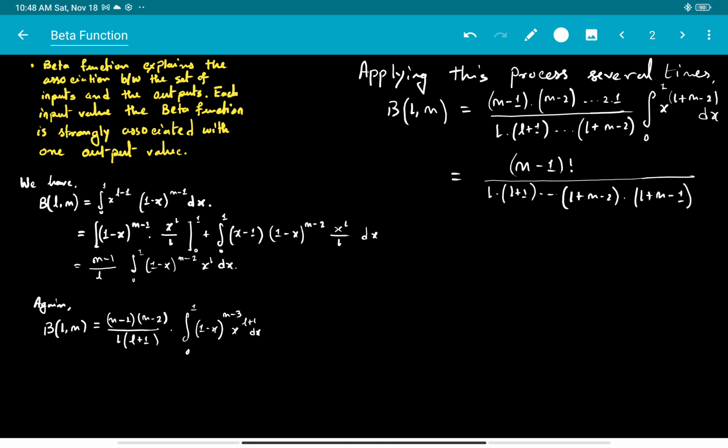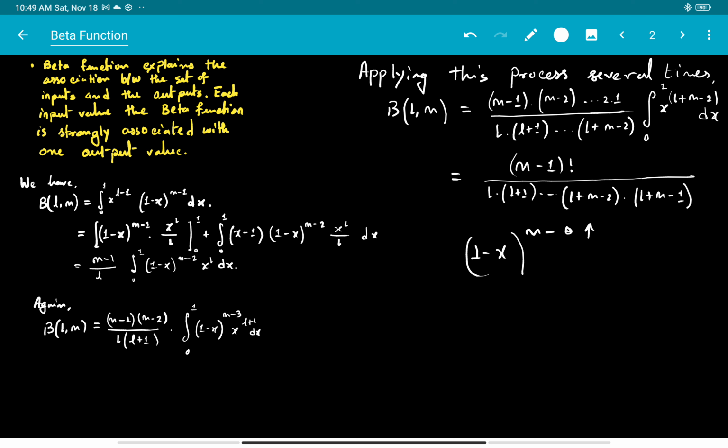this 1 minus x term behaves: the power goes from m, and as it keeps increasing, this factor will increase, and this m is going to be eliminated from m.